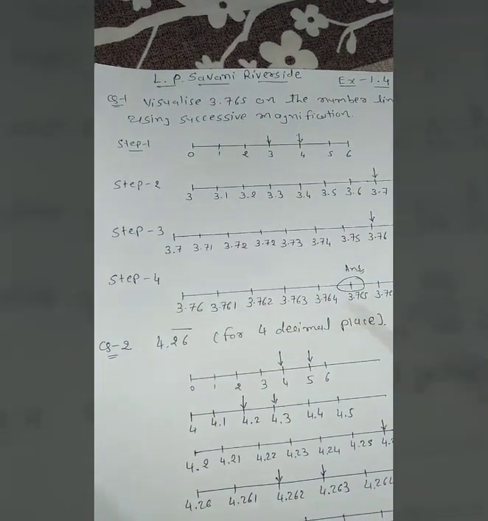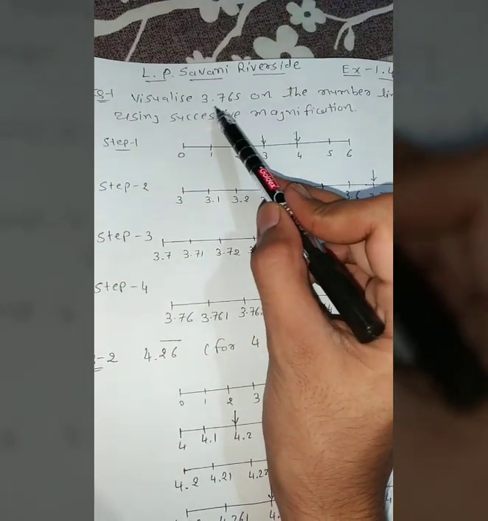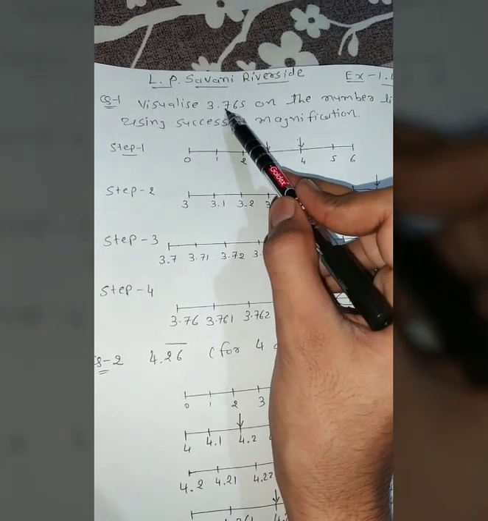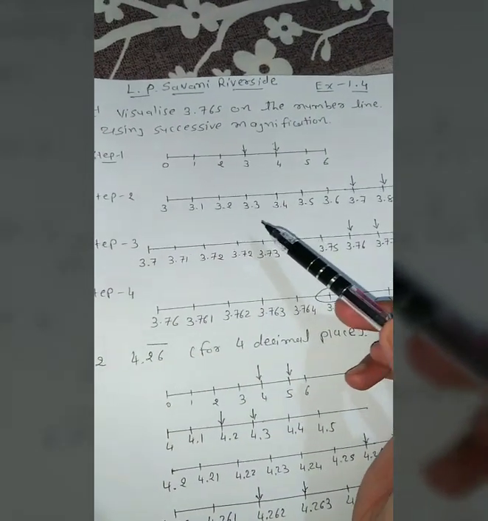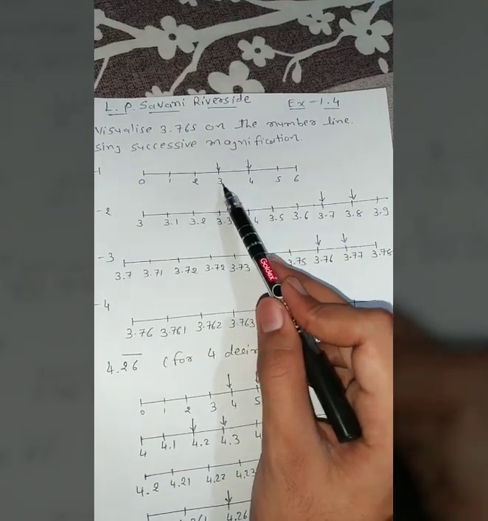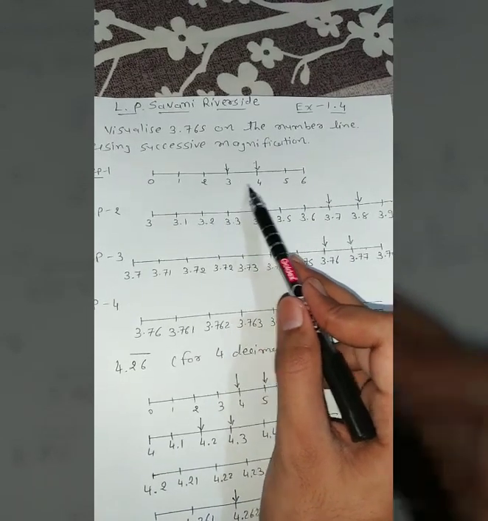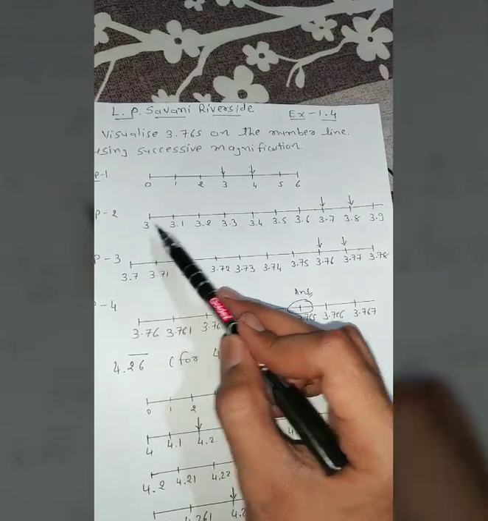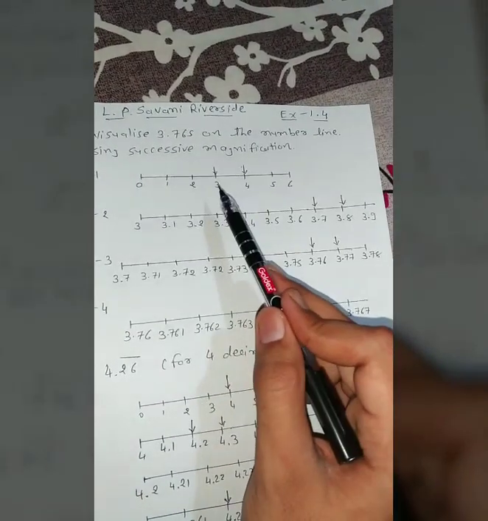In step number 2, let's focus on 3.7, just the first decimal place, which is 7. I want to indicate 3.7 on the number line, so I expand the line segment between 3 and 4. First I take 3 and at the end 4.